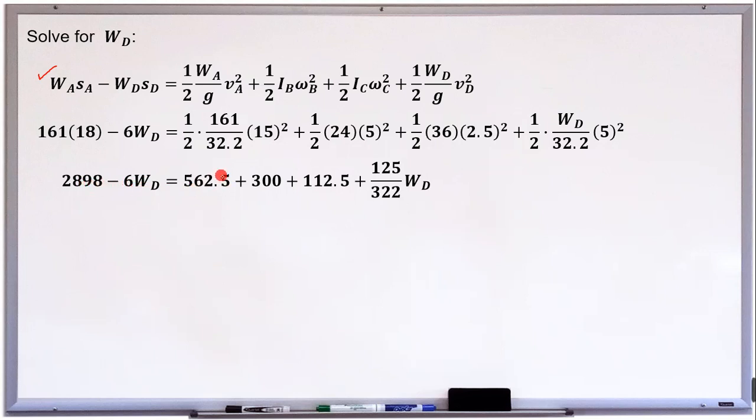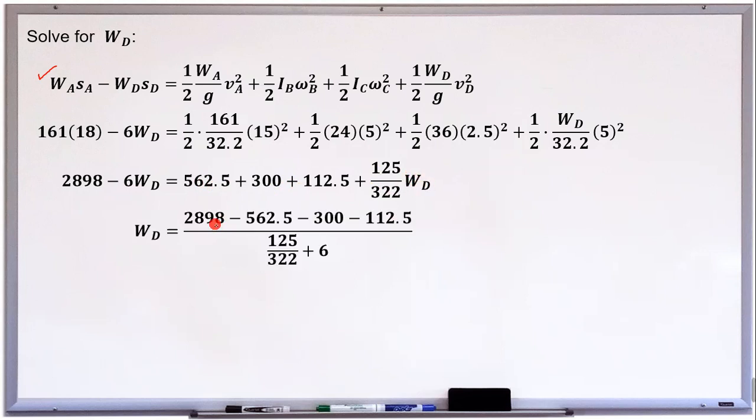And then on the right side of the equation, these are the values for each term: 562.5 plus 300 plus 112.5 plus 125 over 322 times the weight of our block D. Now, combining these two terms right here, then dividing both sides by the coefficients of these two variable terms, we have this expression: 2898 minus 562.5 minus 300 minus 112.5 all over 125 over 322 plus 6.